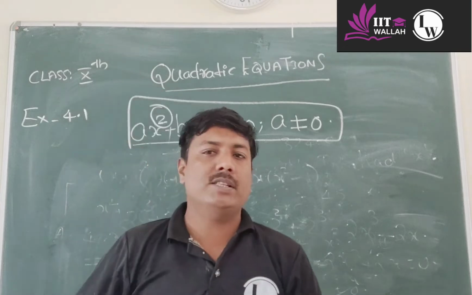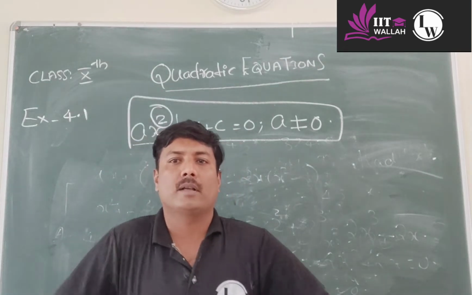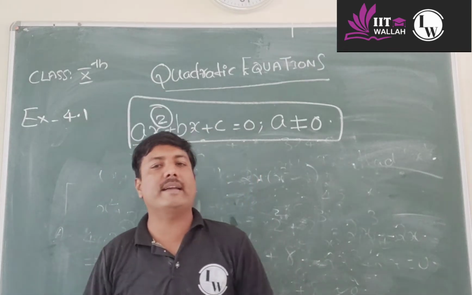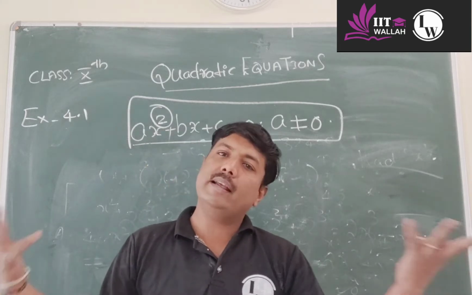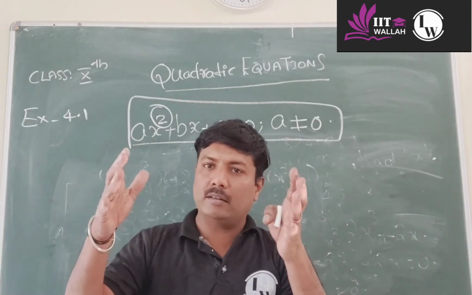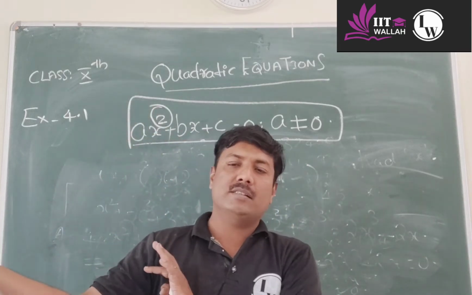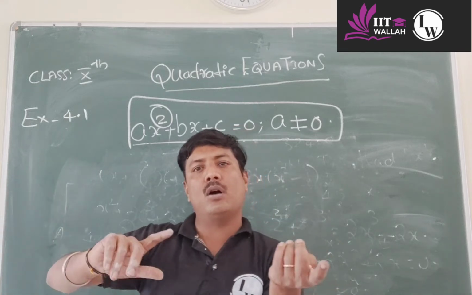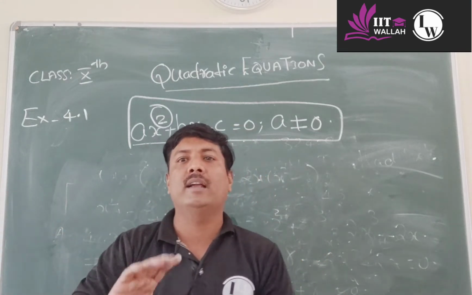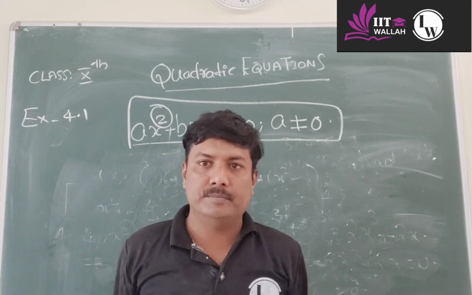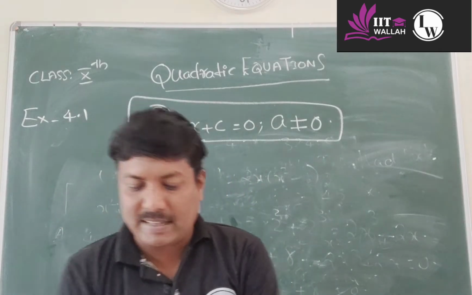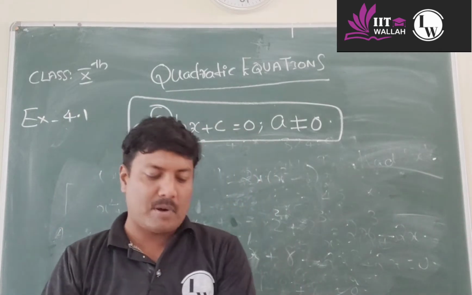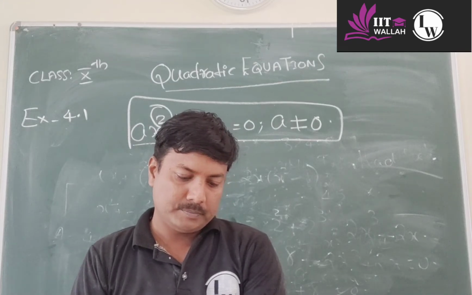This is how we can check whether the given algebraic expressions are quadratic equations or not. You just simplify the given thing and at last check whether the degree is 2 or not. If it is 2, it is quadratic. If it is not 2, it is not quadratic. That's it.